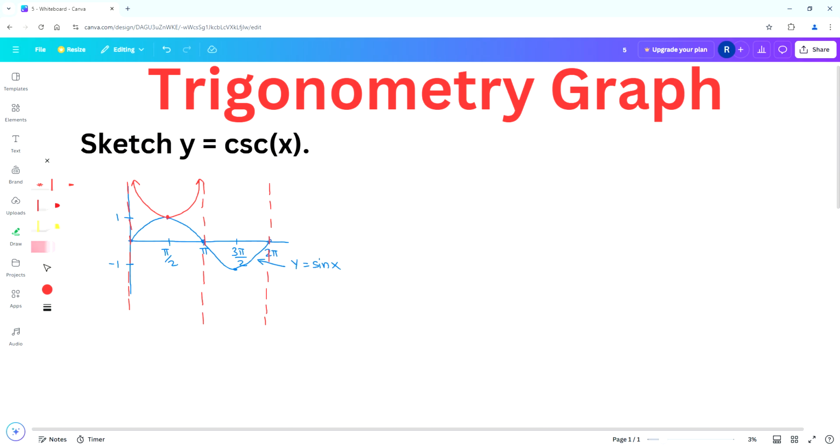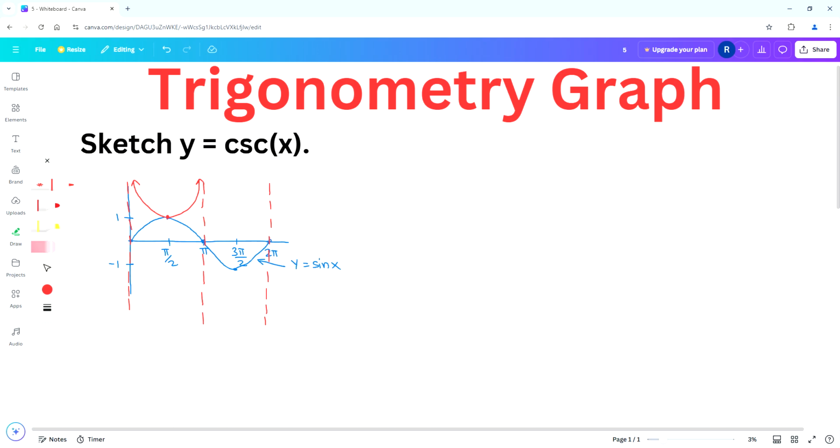Now we can sketch the curve between the vertical asymptotes at pi and 2 pi. Since the graph of sin x is below the x-axis between these two vertical asymptotes, the curve for cosecant x is like a parabola that opens in the downward direction. It reaches a maximum value of -1 at 3 pi over 2.